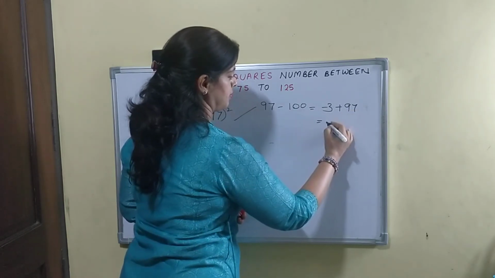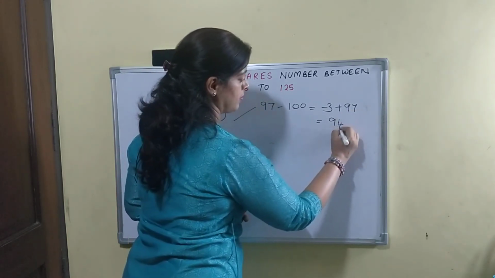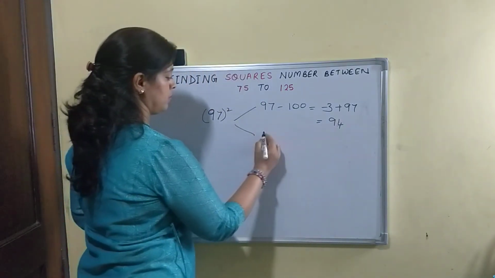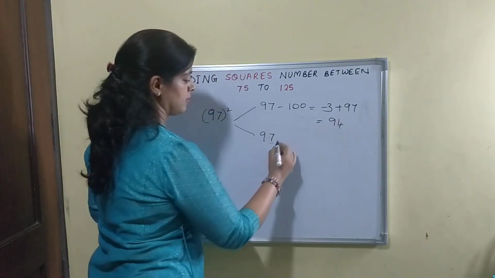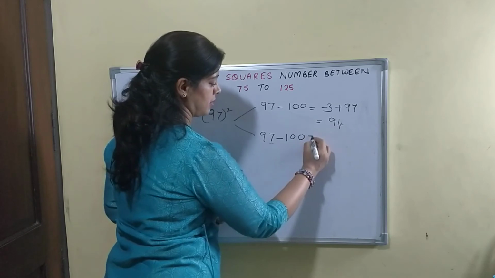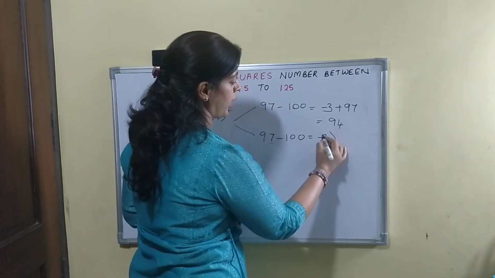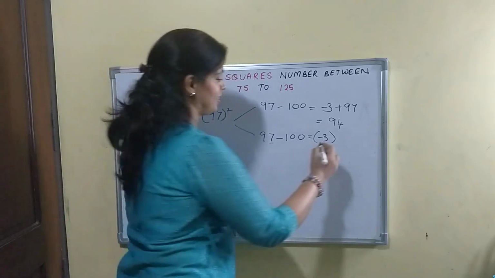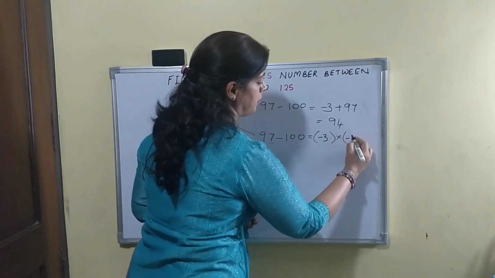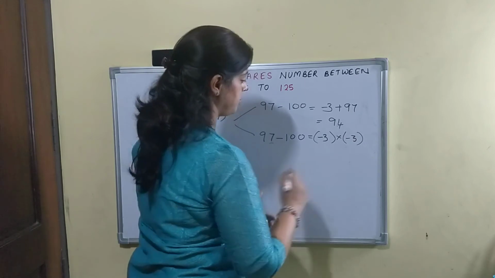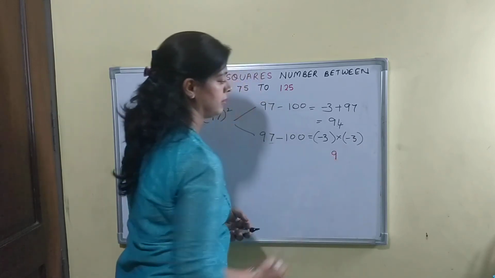So I get 94. Step 2, subtract 100 again. Again I get minus 3. Take the square of this minus 3. So minus 3 into minus 3, which gives me 9.